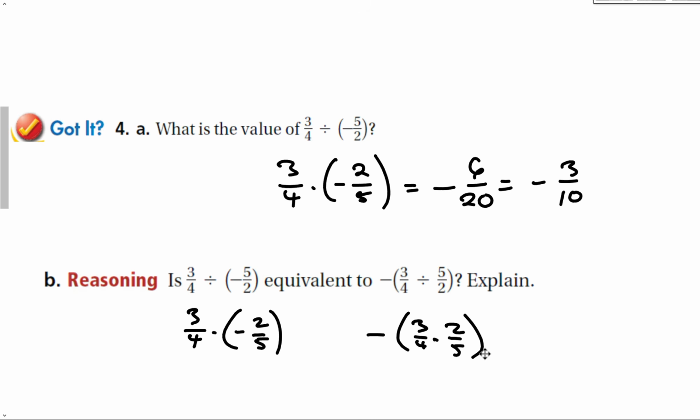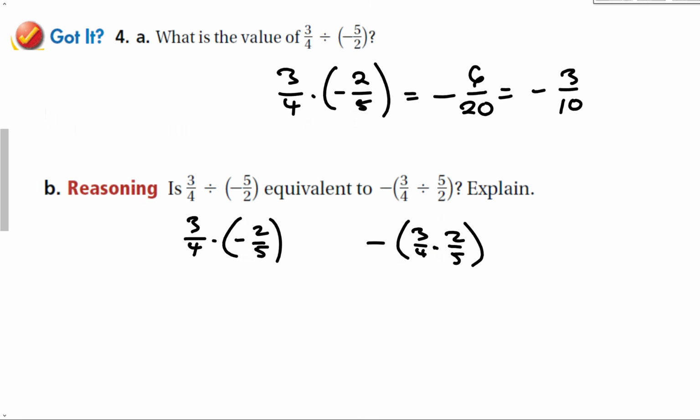In both cases, the answer is going to be negative, because we have a positive times a negative. So that's negative 6 over 20, which is negative 3 over 10, just like before. It happens to be the same exact problem, because we multiply first and then make the answer negative, so we still get negative 3 over 10.